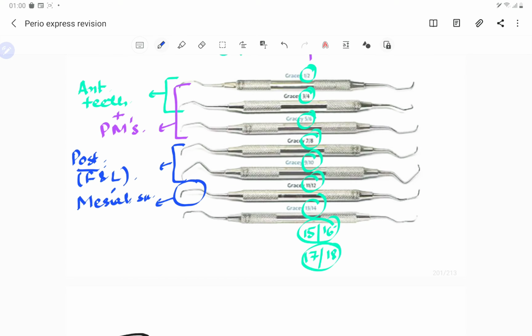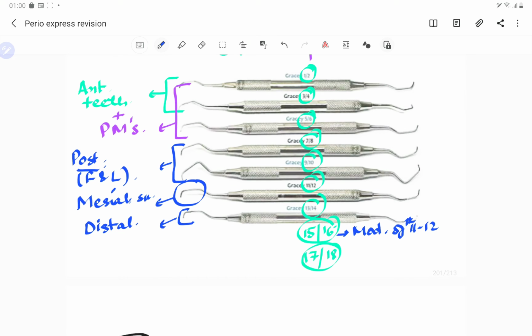Then we have 13, 14, which is the distal one. And 15, 16 is basically the modification of 11, 12.